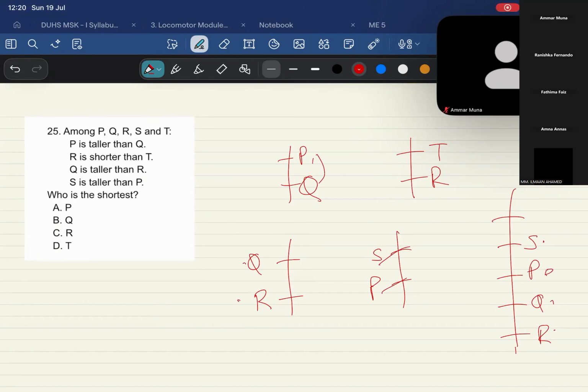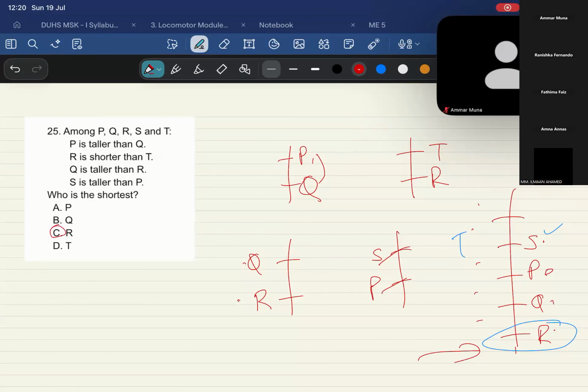And T is taller than R, but we don't exactly know where T is. T could be anywhere. But since the question is who's the shortest, it's obvious that R would be the shortest, right? We don't know who the tallest is. It could be S or it could be T also, because they haven't specifically told us where T lies. So the answer would be R.